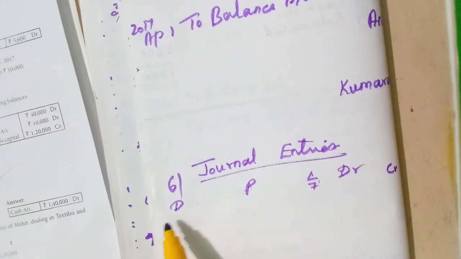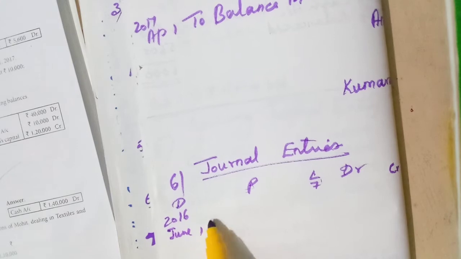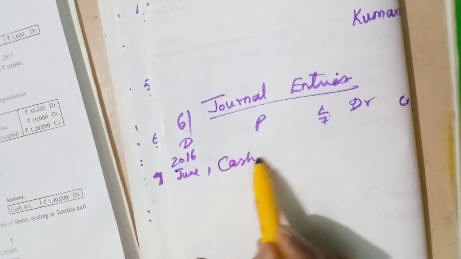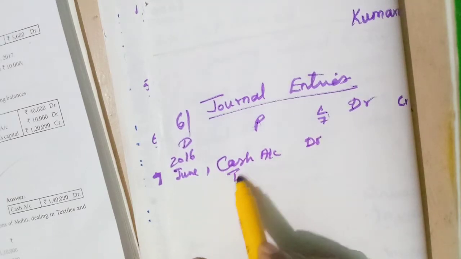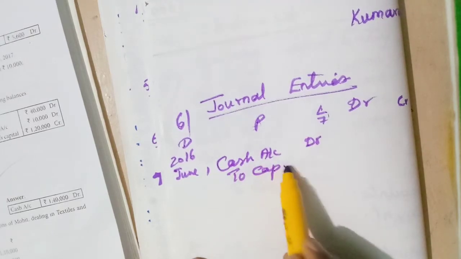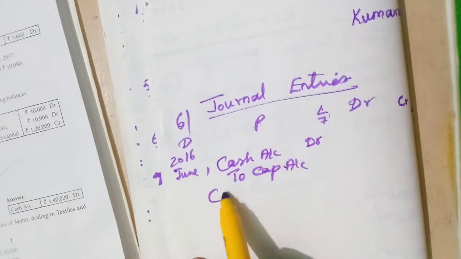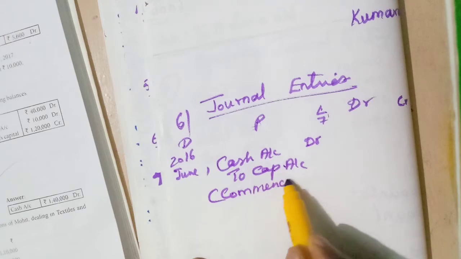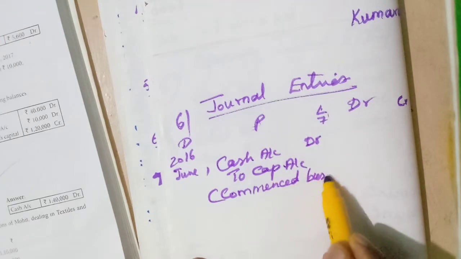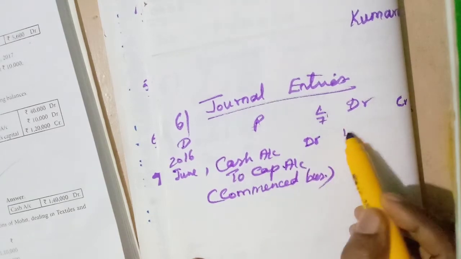So first date, year 2016, June 1. Commenced business. So what is the entry? Cash account debtor to capital account. Commenced business, 1,10,000.